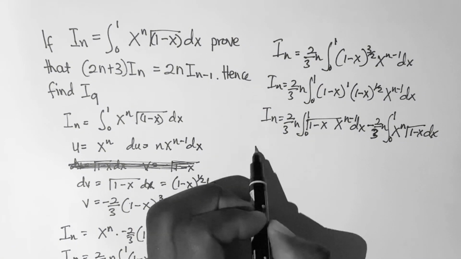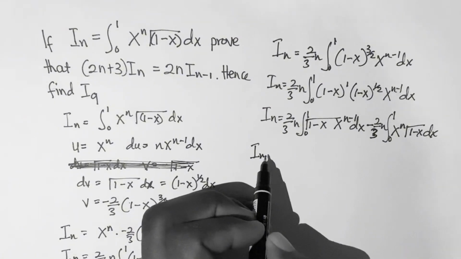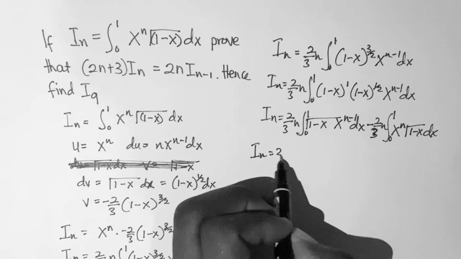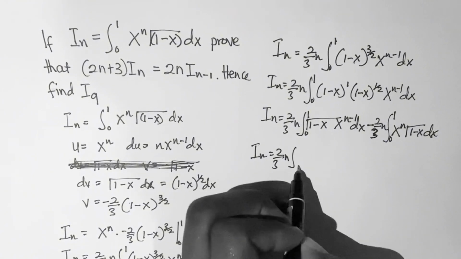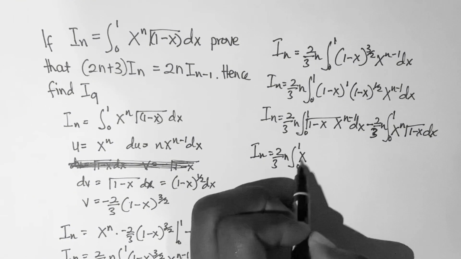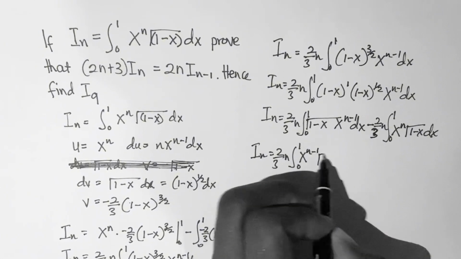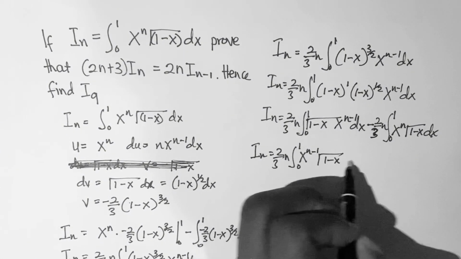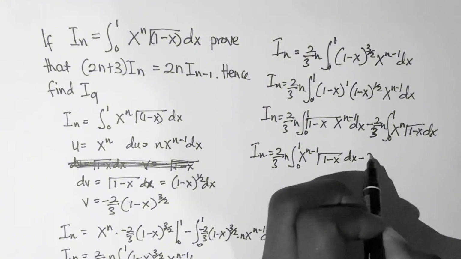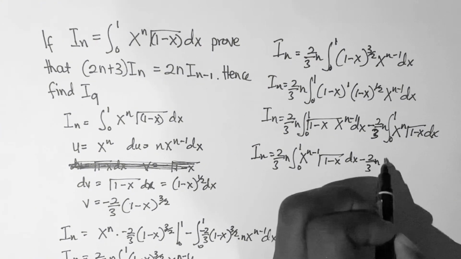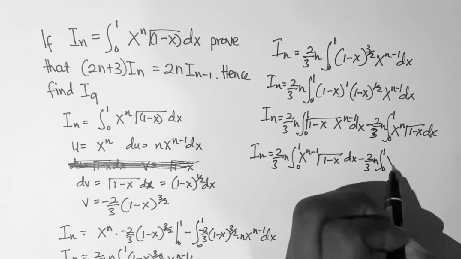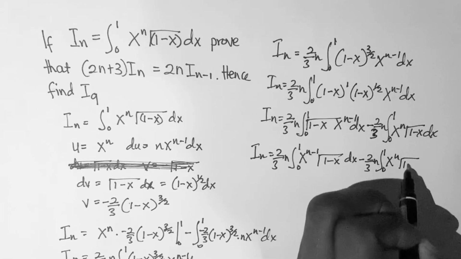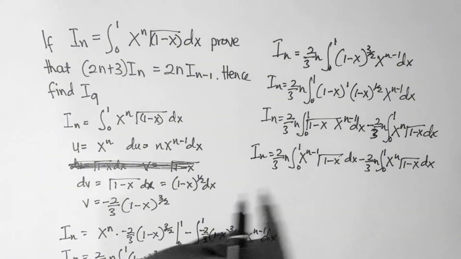If we rewrite, we find that I_n is equal to 2 over 3n times the integral from 0 to 1 of x^(n-1) square root of (1 minus x) dx, minus 2 over 3n times the integral from 0 to 1 of x^n square root of (1 minus x) dx.